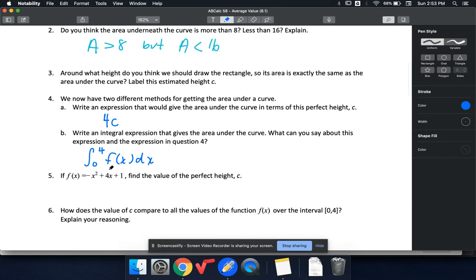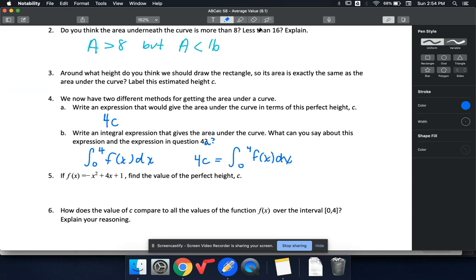All right, so if I put these two together, I know that they're representing the same thing. So these two, the expression in question 4a, well, I know that they're equal because we set this to equal the area. So 4c is equal to the integral from 0 to 4 of f of x dx.